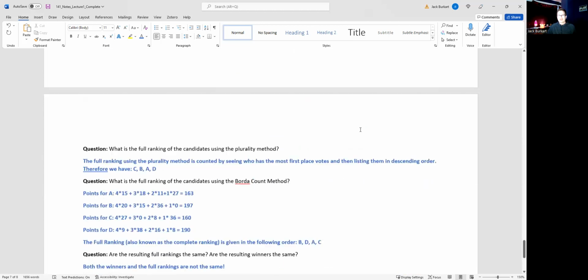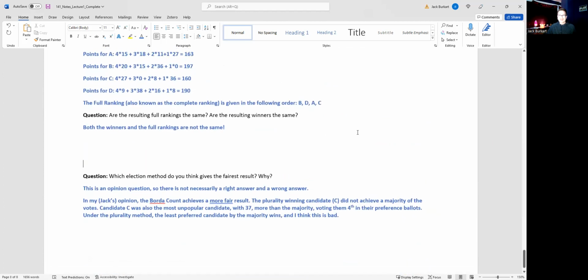So again, one nice thing about the Borda count method is that it sort of averages these things out. When you have a very polarizing candidate, it does give hope that even though that's the most popular candidate with the plurality method, maybe somehow after you average things out using the Borda count method, a different winner who people have less polarizing views on will emerge.